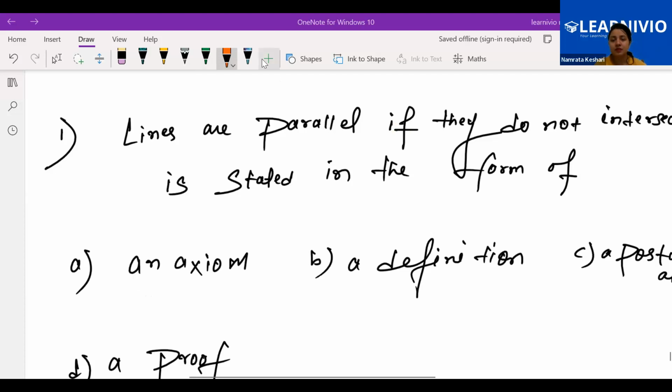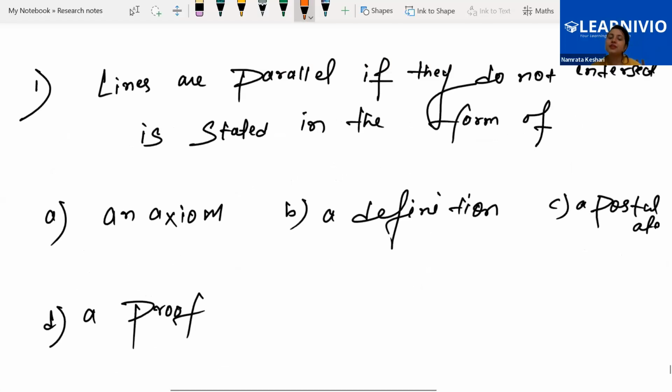See, if you can't see the statement, I am showing it over here. Think about it. Have we discussed this statement while discussing the axioms given by Euclid? It is not an axiom.